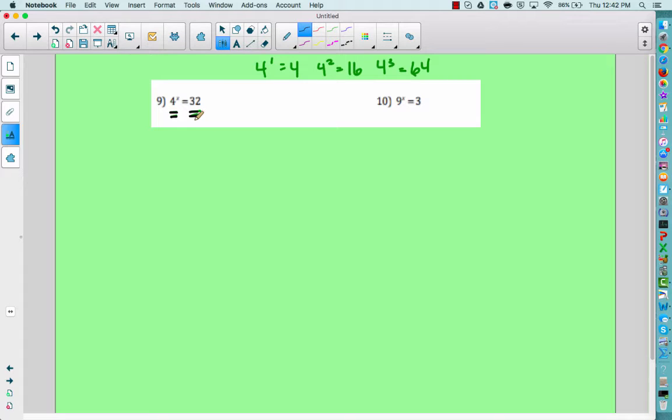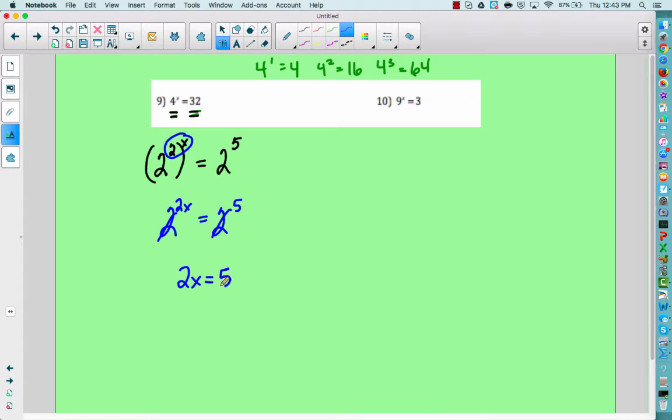And so I recognize that 4 I can write as a base 2 number, so 2 to the 2, to the x power. I rewrite it. And 32 can also be written as base 2, so 2 to the 5 power. Now I use the law, power to a power, multiply, so this becomes 2 to the 2x equals 2 to the 5. All right, now the bases are the same, I cancel, so 2x equals 5 and x equals 5 halves.